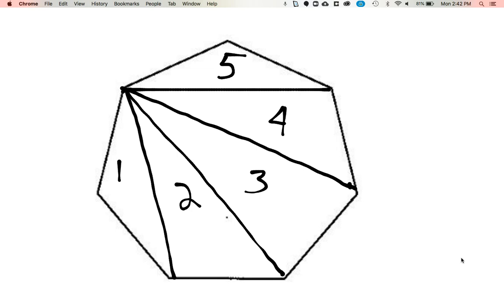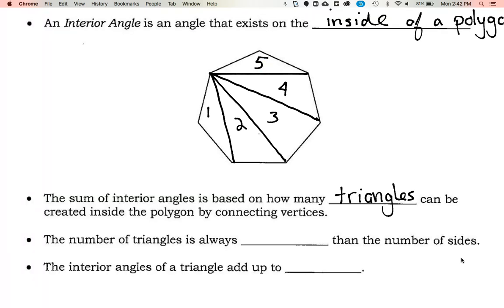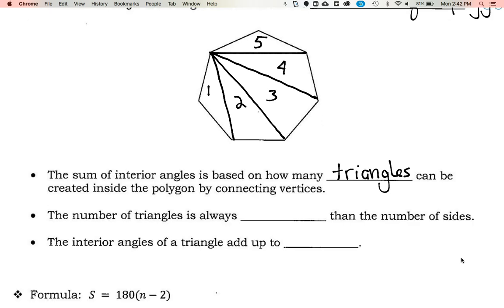So we have 5 triangles. And with 5 triangles, that comes from 1, 2, 3, 4, 5, 6, 7. That comes from a 7-sided polygon. So a heptagon. So 5 triangles in a 7-sided polygon, and that will always continue to be the pattern.